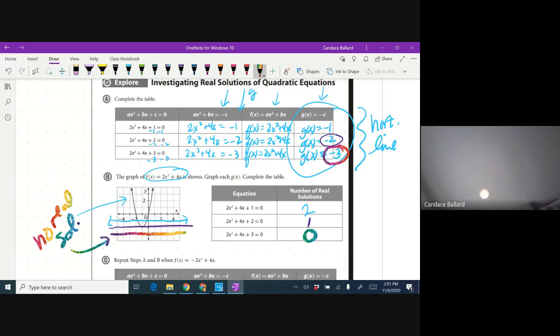Apparently I have no guesses. If they're not real, the opposite of being real. Oh, there we go, Ariana. Good job. This is where we get the imaginary solutions, where they don't cross. Thank you, Ariana, for predicting for us. So that's your imaginaries: no crossing.